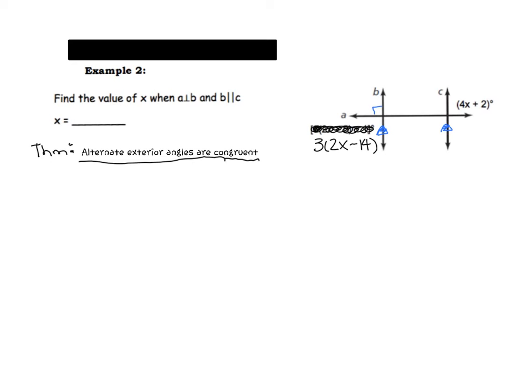So if we use that information to solve, we can write that 3 times 2x minus 14 would have to be equal to 4x plus 2.